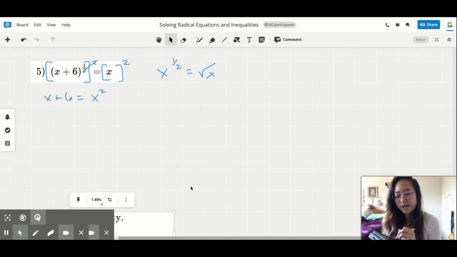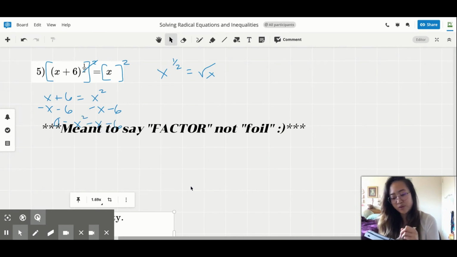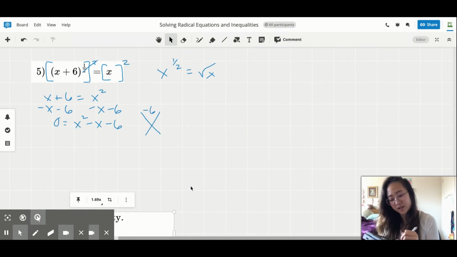So I'm going to go ahead and put this equation into standard form, keeping our x squared positive. We have x squared minus x minus 6 equals 0. So FOIL it out. Two numbers that multiply to negative 6 but add up to negative 1. We have negative 3 and 2.